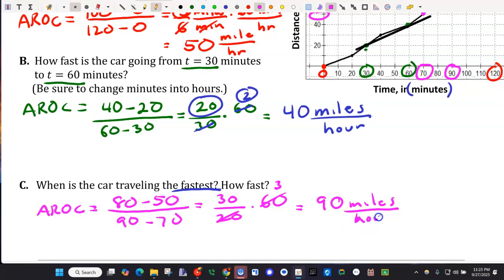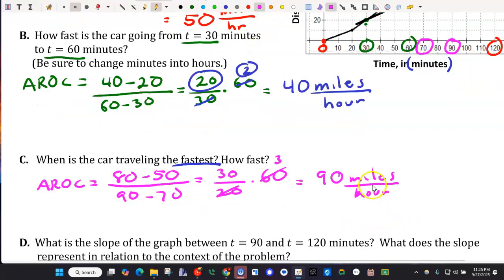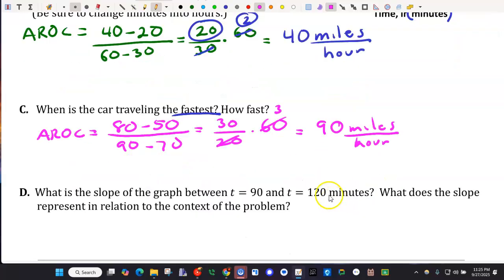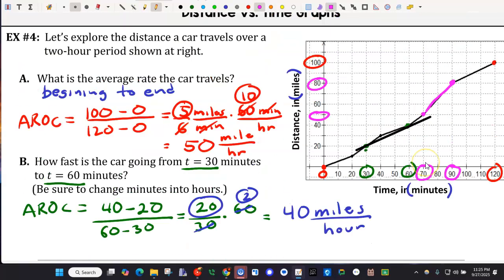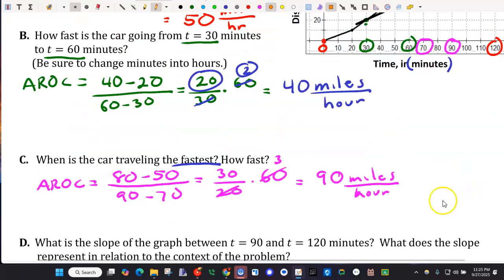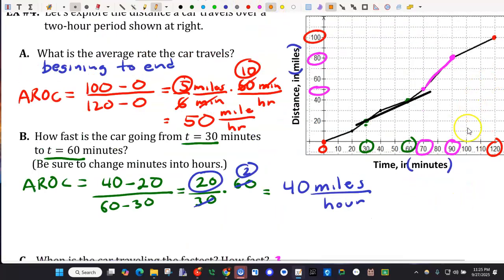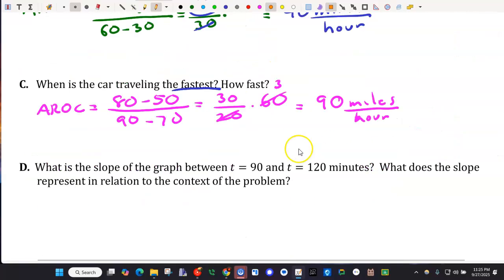Okay, keep on going, and it says, what's the slope of the graph represented from 90 to 120? What does the slope mean in the context of the problem? So we're just going to keep on doing more practice here. So 90 to 120, that's right here. For this one, how about we just do it off the graph?